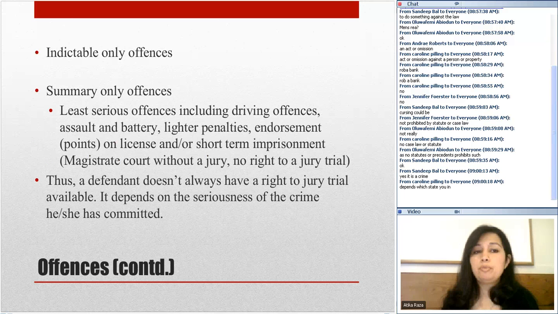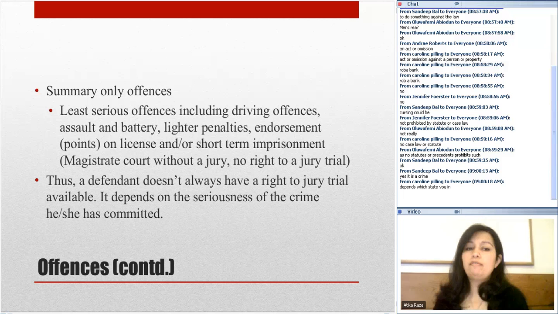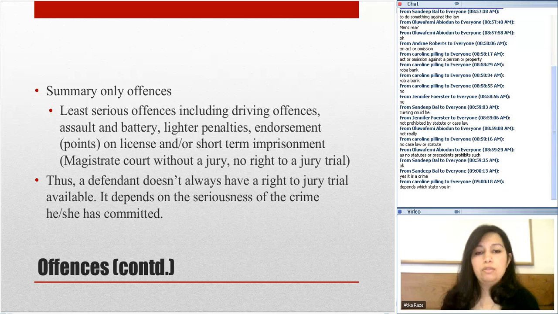The third kind is summary-only offenses. Those are the least serious offenses. For example, driving offenses. You have light assault and battery. These kinds of offenses have lighter penalties. There may be some endorsement on your license. This takes some points off your license. There may be short-term imprisonment, maybe a week, a month.